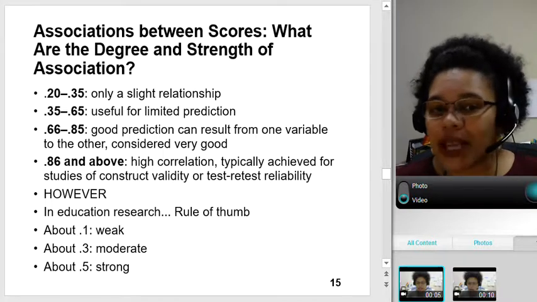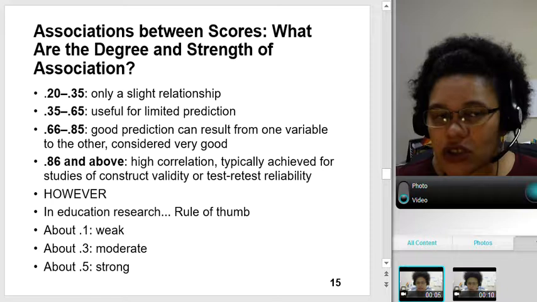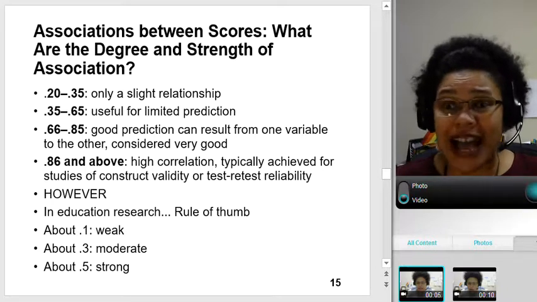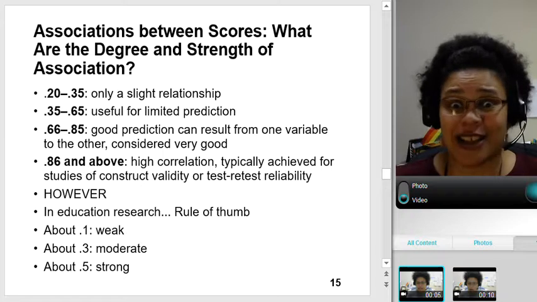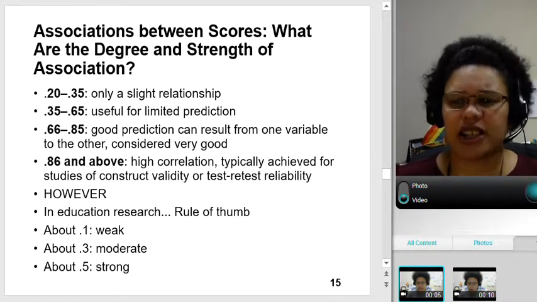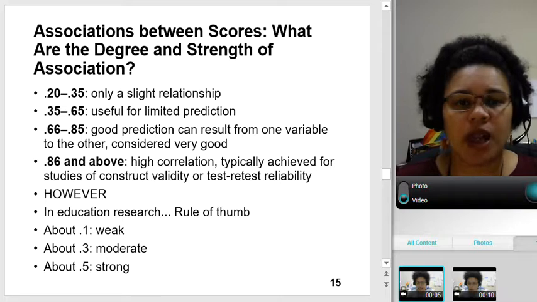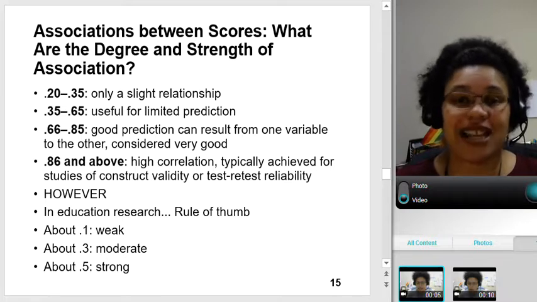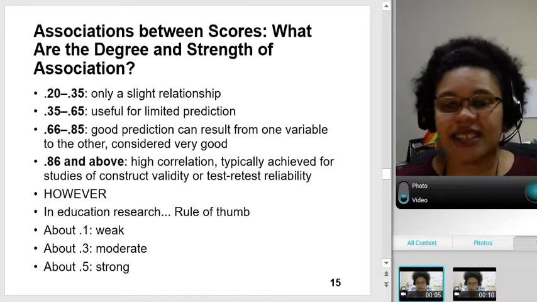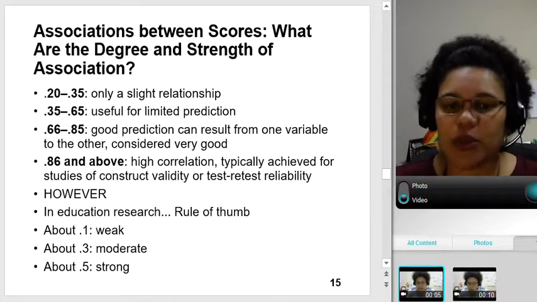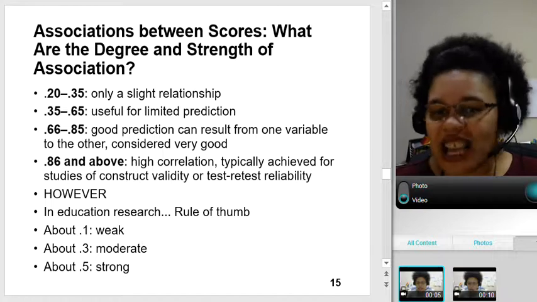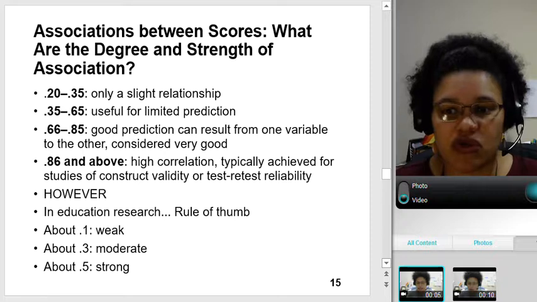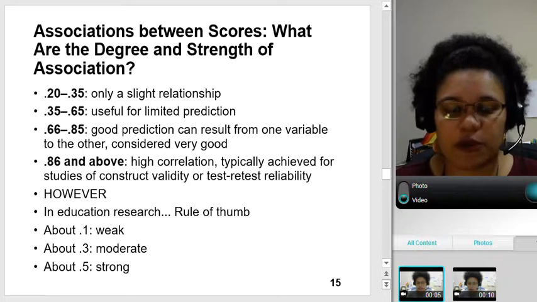Around 0.3 is a moderately strong correlation. And if you're around 0.5 in education, that's considered great. That's considered a strong correlation. And this is a rule of thumb. The best way to know what's a good correlation coefficient is to look at existing studies and see what the authors are reporting. But just as a rule of thumb, in education, 0.5 is considered a strong relationship between two variables.